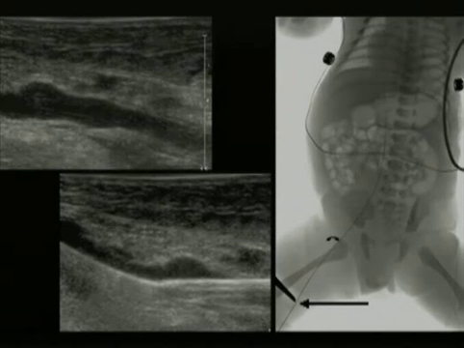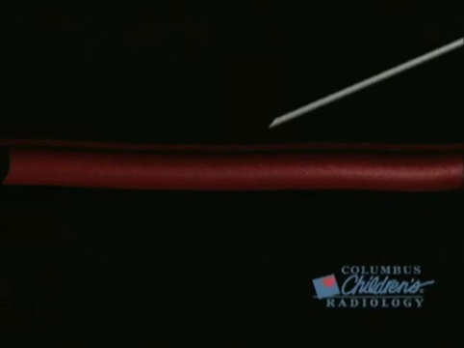And we can see the curved arrow is where the needle would actually enter the vein. So we have a nice long tunnel in these very small children that the vascular access needles allow us the opportunity to produce a single puncture tunneled central venous catheter and avoid the diaper line and the secondary contamination.